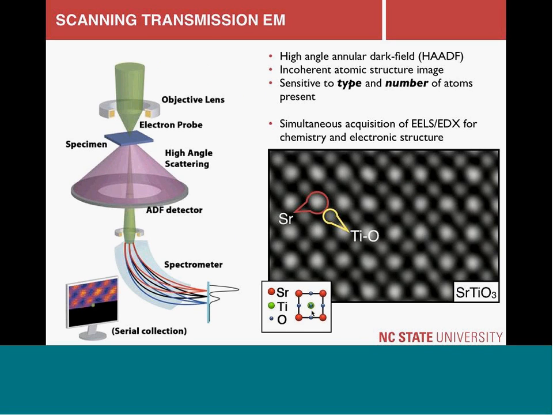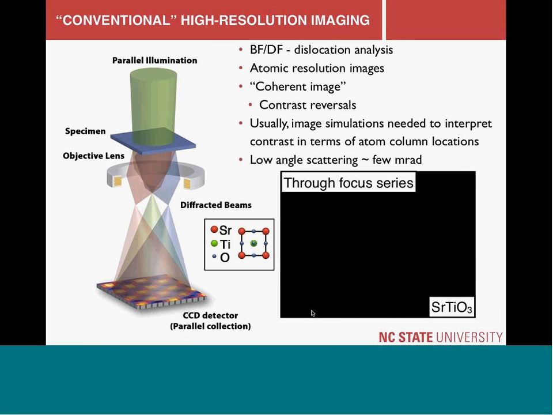So if this were an HRTEM image, it's a STEM image, but if this were an HRTEM image, the bright areas would become dark, and dark areas would become bright. And the interpretation of those images absolutely requires image simulations to understand where the atoms are actually sitting in these lattices. Okay, a bit of a problem. It slows us down. More importantly, these are not atomic-number-sensitive images. So because something's bright in HRTEM doesn't mean it's heavier. Okay.